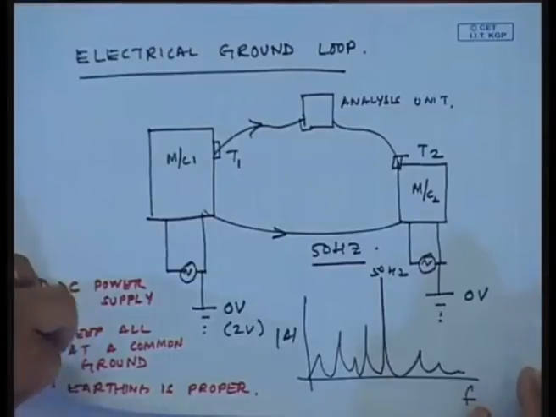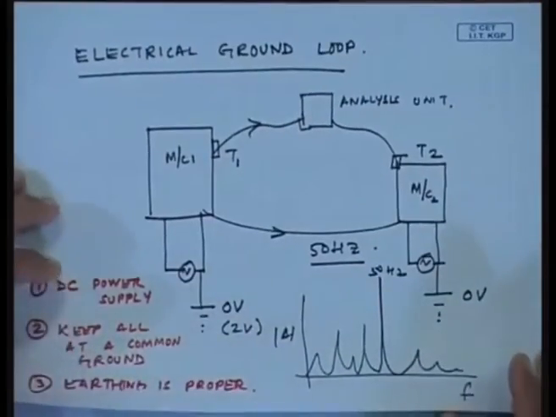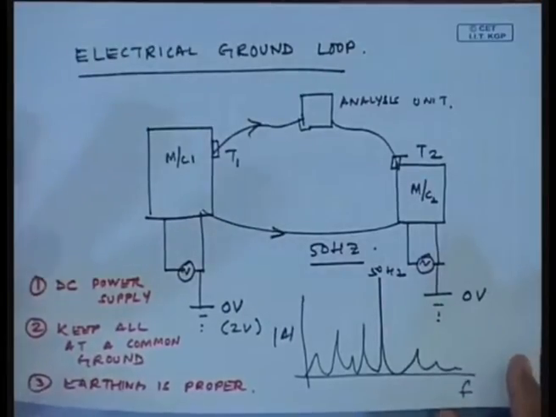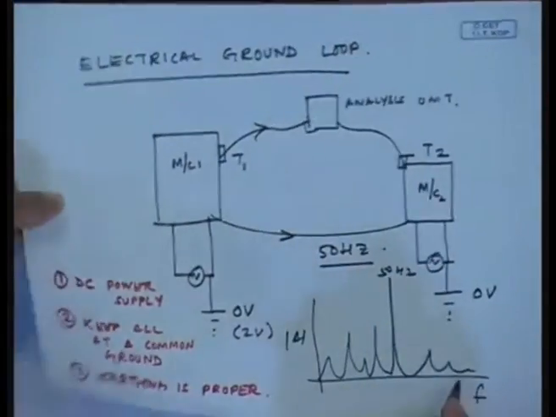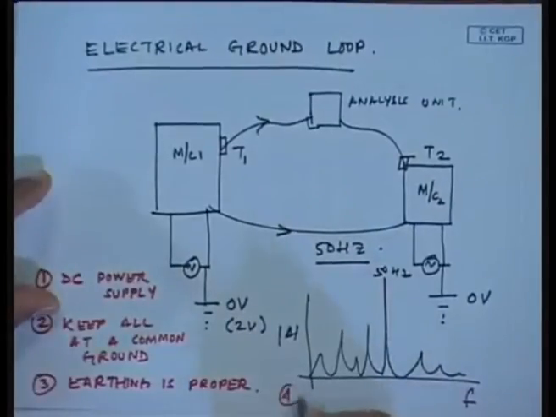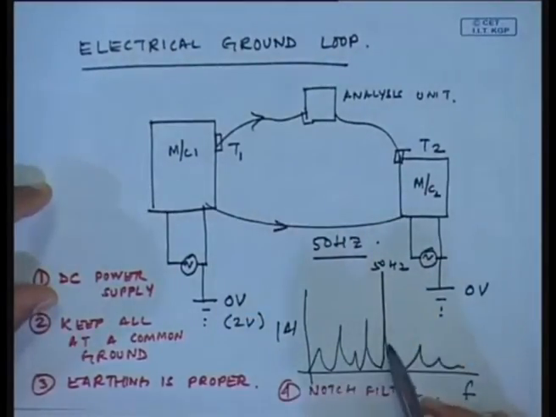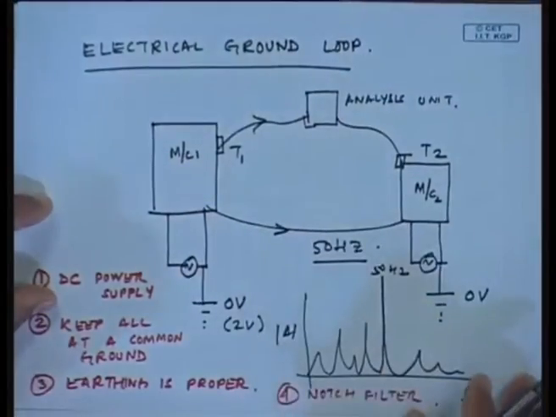So, this could be handled by having a proper intermediate element, which is a signal filter. The next one, number 4, is a notch filter. That means, from the signal it is going to remove the 50 hertz component. Okay, so the 50 hertz effect will be removed.